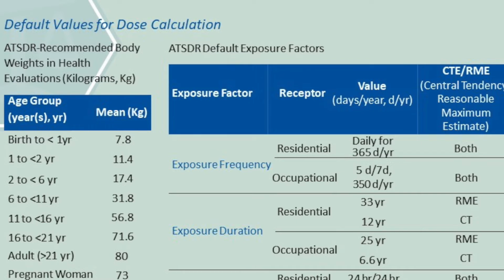For example, for exposure duration for residential scenario, they provide 33 years as a reasonable maximum estimate, and central tendency is 12. The reason being is that they've found in population surveys that people move from one house to another on the average of 12 years.